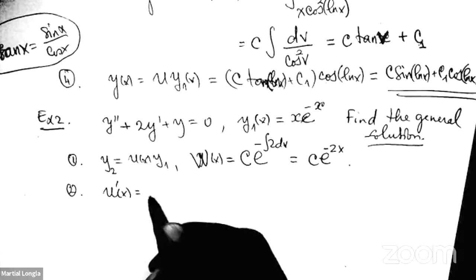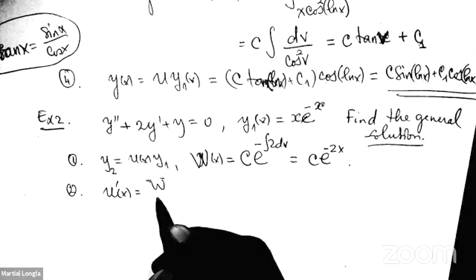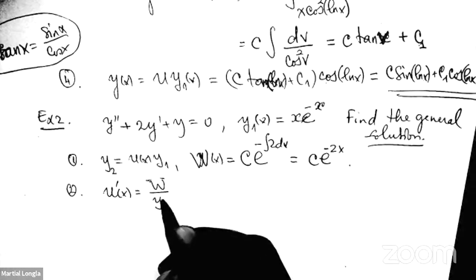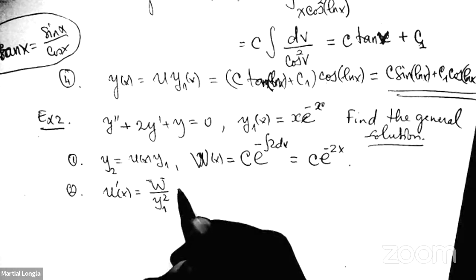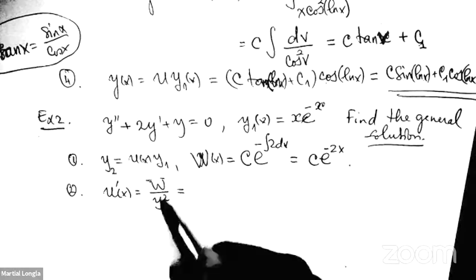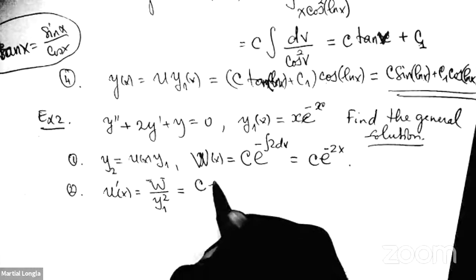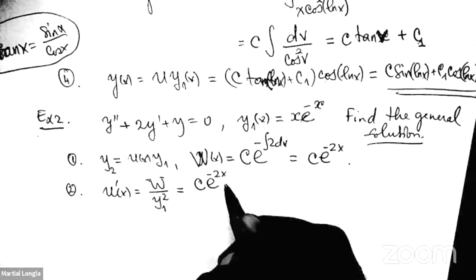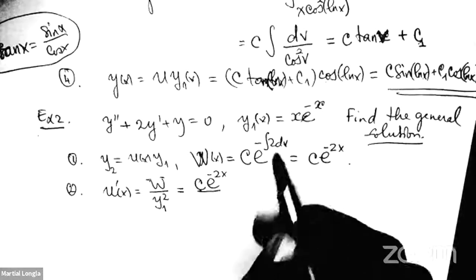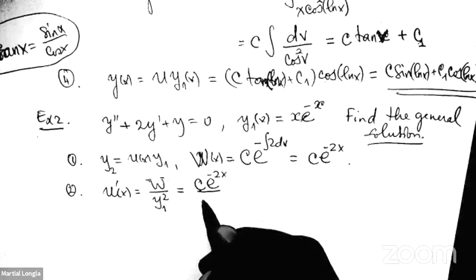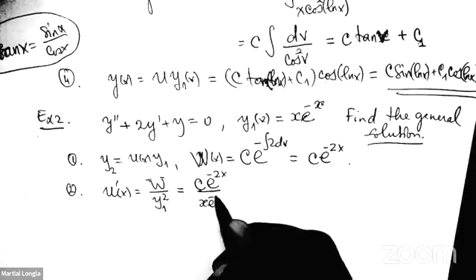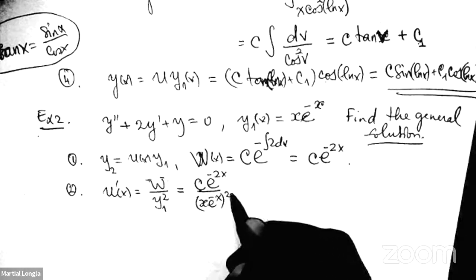u prime equals w over y1 squared. Yeah, always put that down to make sure that you remind yourself what you're using. So that is correct. y1 squared is x e to negative x squared. And now you do the algebra.